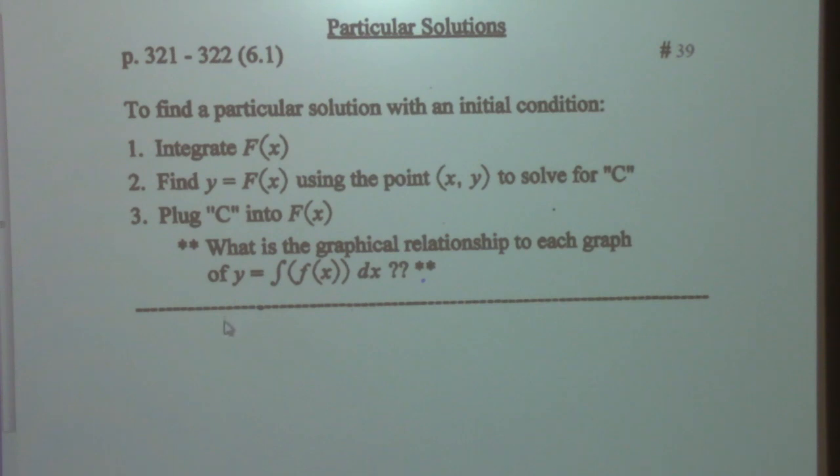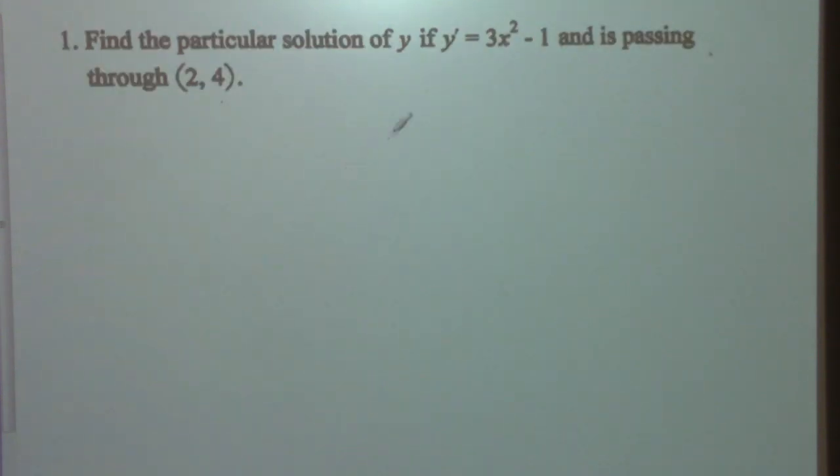Here, what we have says: find the particular solution of y if y prime equals 3x squared minus 1 and it is passing through (2, 4). So how do we find y from y prime? Well, y is going to be equal to the integral of y prime dx.